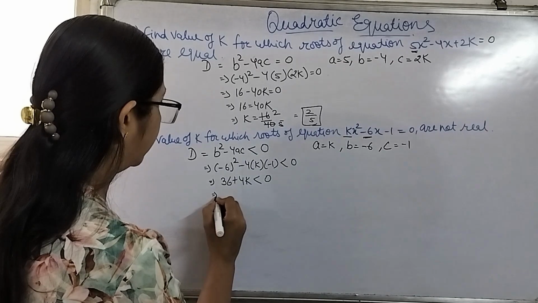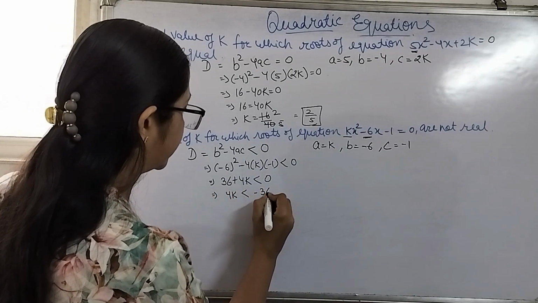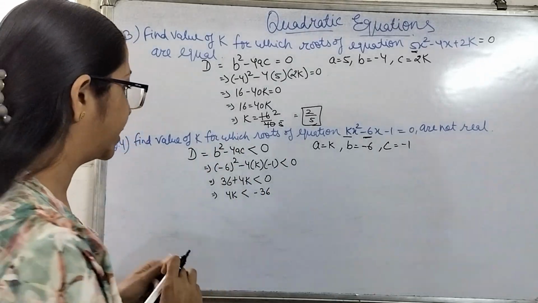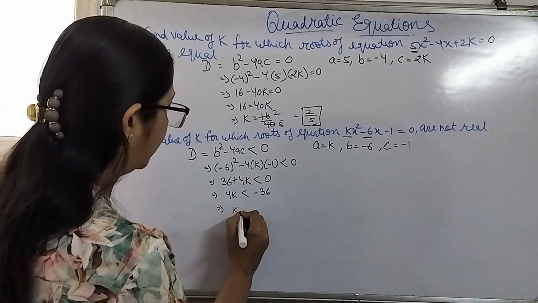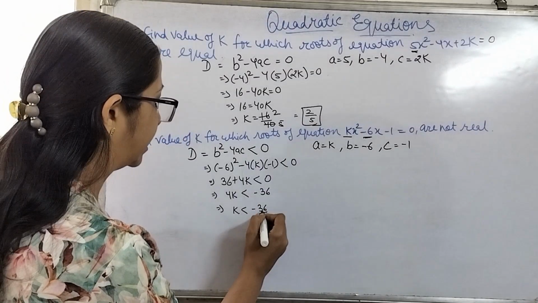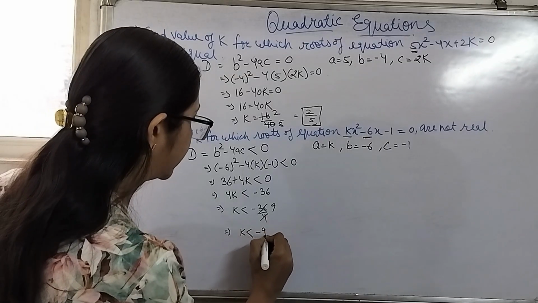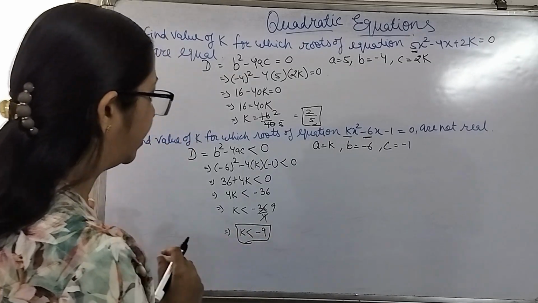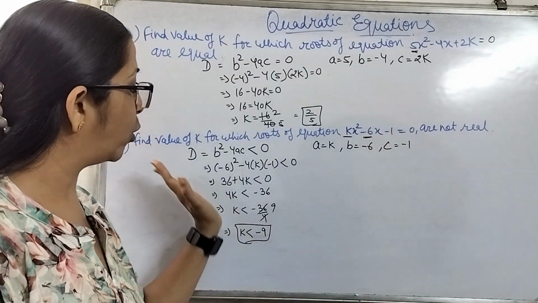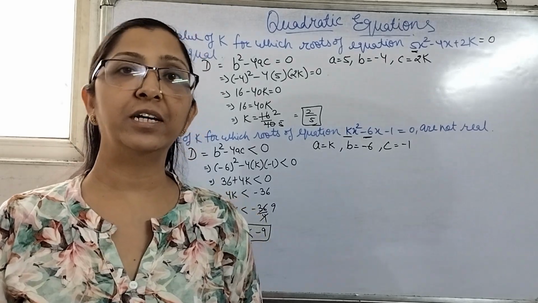Or we can say 4k should be less than minus 36. This plus 36 will go over there and become minus 36, and the value of k will be less than minus 36 divided by 4, that is 9. That means the value of k should be less than minus 9. It means if the value of k is less than minus 9, for all those values of k, the equation will not have real roots.